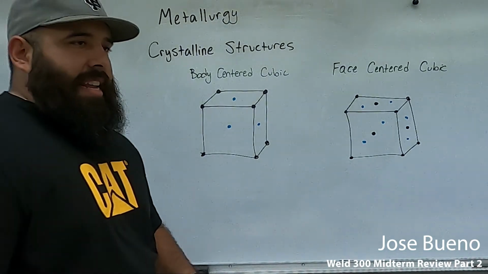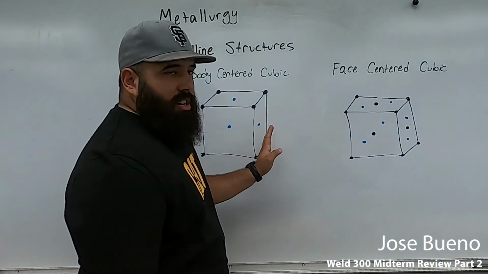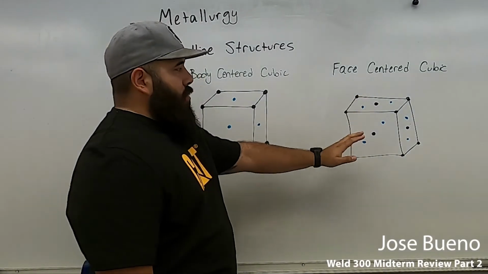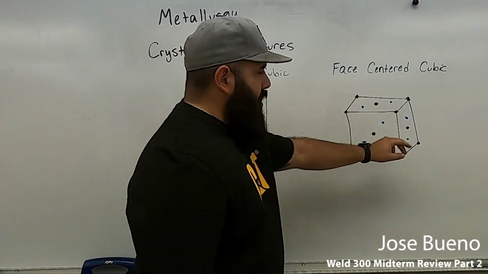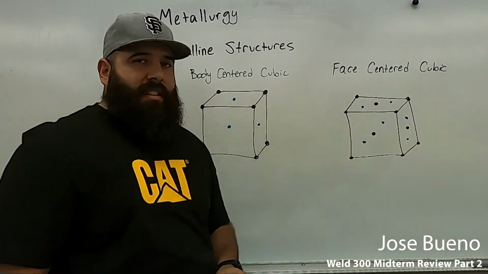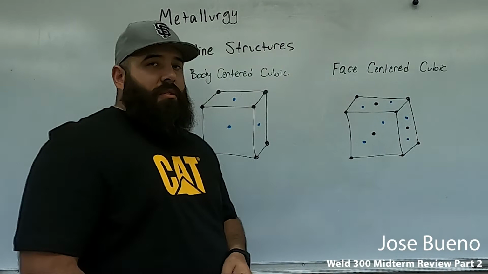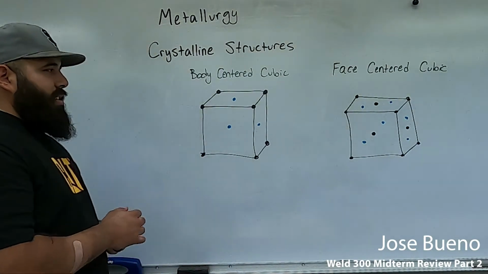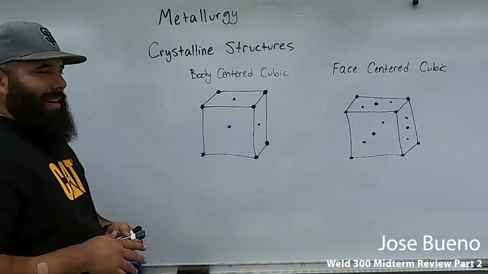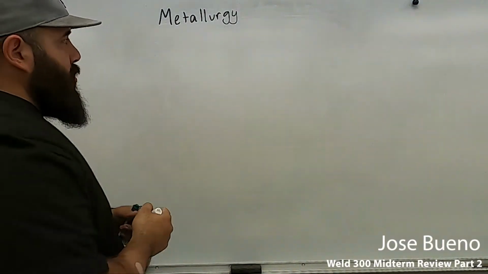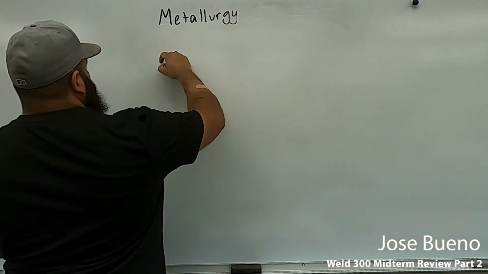As you apply heat, this crystal structure moves from body-centered cubic to face-centered cubic, where now we have additional iron atoms on the face, and it allows more room for additional carbon atoms to just float their way in, essentially. Okay, now let's move on to mechanical properties.